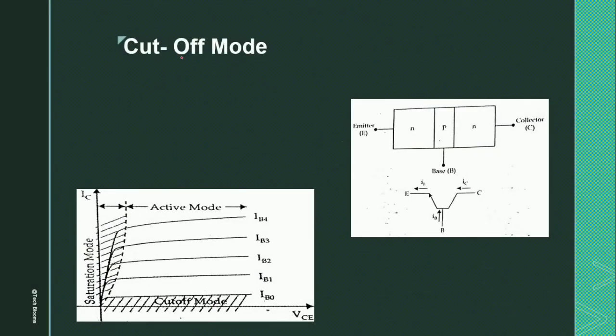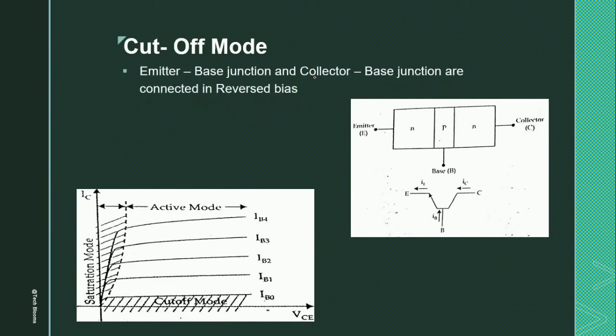Next is the cutoff mode. In cutoff mode, your emitter base junction and the collector base junction are connected in reverse bias. That is, you are biasing your emitter and base in reverse, and even your collector base in reverse bias. So here what happens is that usually in this case the transistor is inactive.